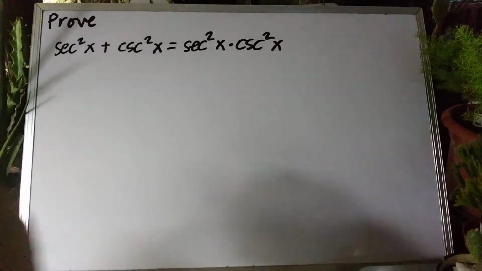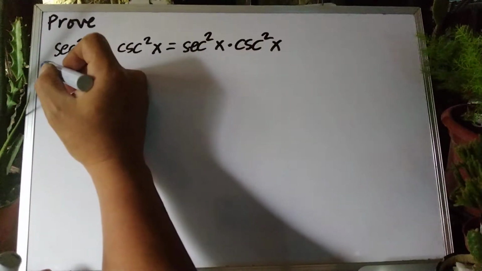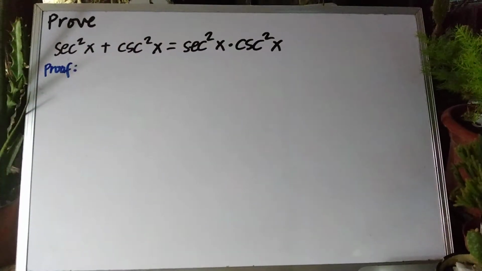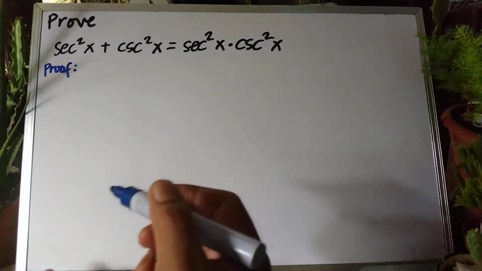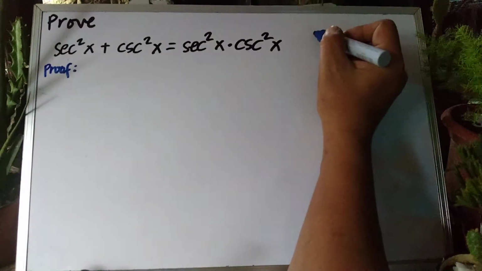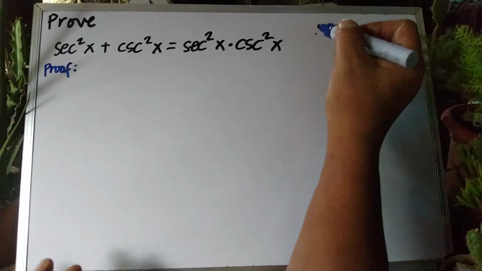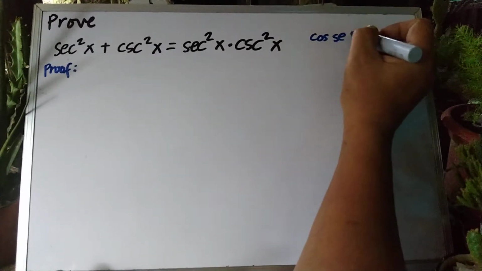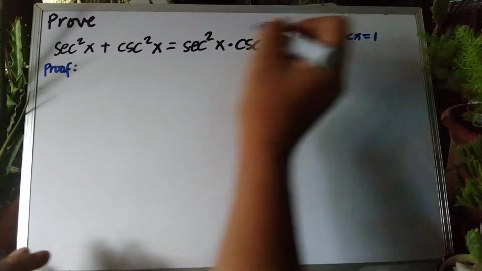Okay, when we answer proving, we need to show the proof. If we could still recall, gamit ang trigonometric identities, meron tayong identity na cosine x times secant x is equal to 1.